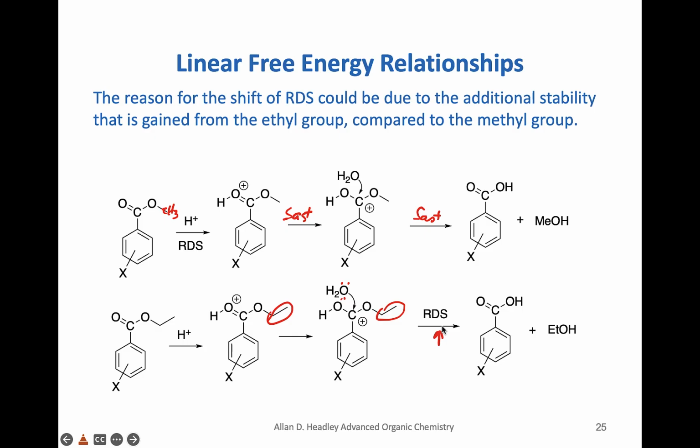So again, what you should be able to take from this is, if given the linear free energy relationship data, and it's typically in terms of the rho, the slope, the important aspect here is, what is the magnitude of the slope? And what is the sign of the slope?